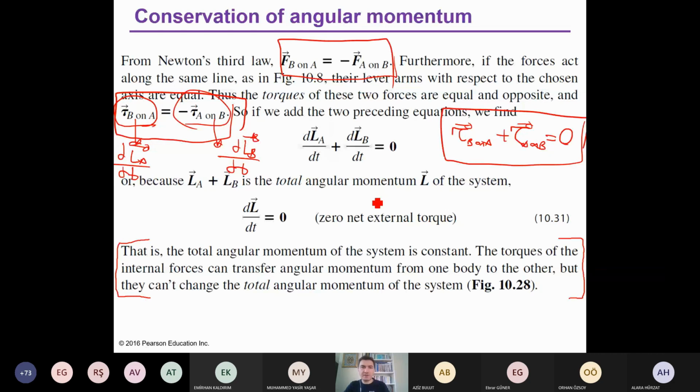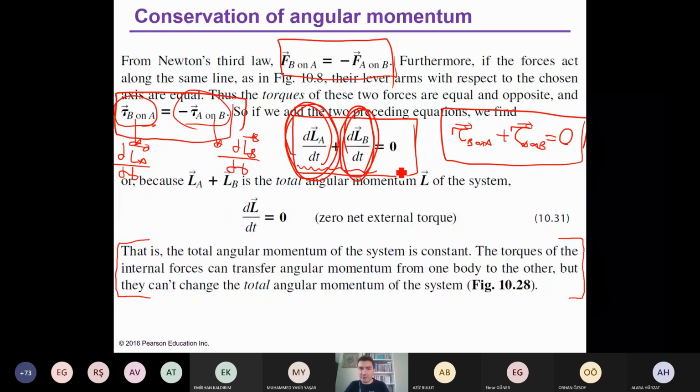And then I can write this expression. Okay? What do you see here? This is the change in the angular momentum of the A body. This is the change in the angular momentum of the B body. But the total change in the angular momentum of the system is 0.